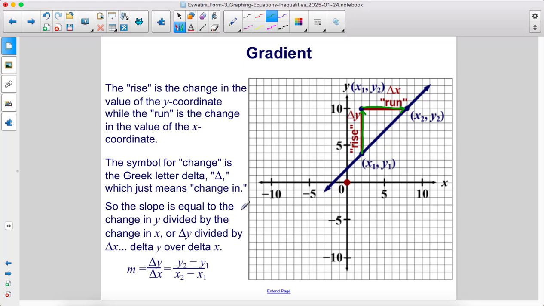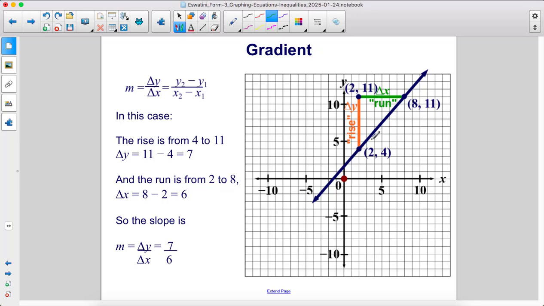So the slope is equal to the change in y divided by the change in x, rise over run. And so you can see that we can take two coordinates, like this point here and this point here, take y2 minus y1 here, divided by x2 minus x1, shown here.